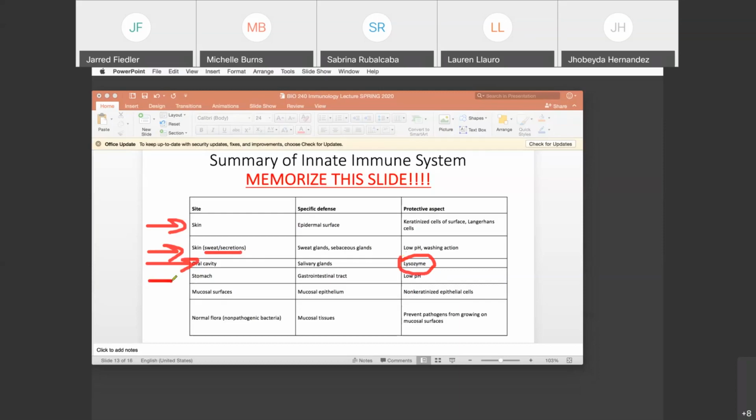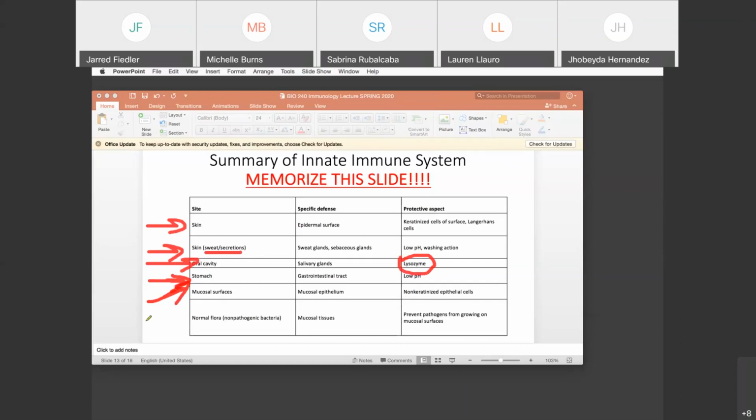And I mentioned this before, the acidity level of your stomach will also fight off a lot of foreign invaders. Most of them don't actually survive in low pH like that. There are only some specialized ones like Helicobacter or Campylobacter jejuni, specifically Helicobacter, right? Mucosal surfaces, like I mentioned.